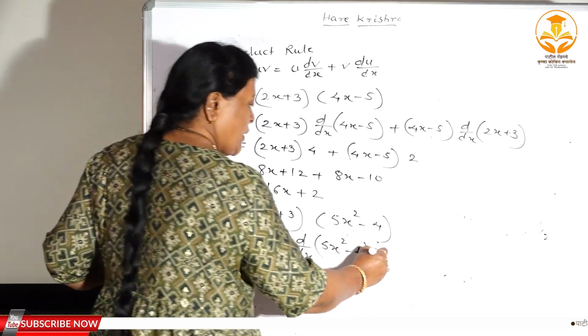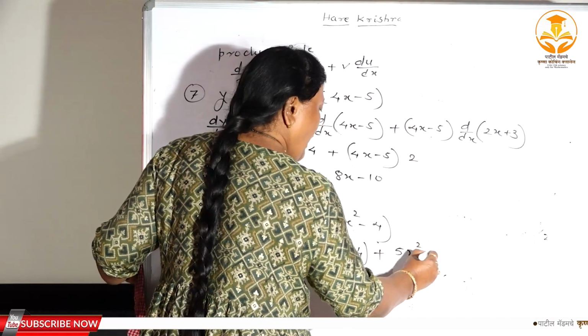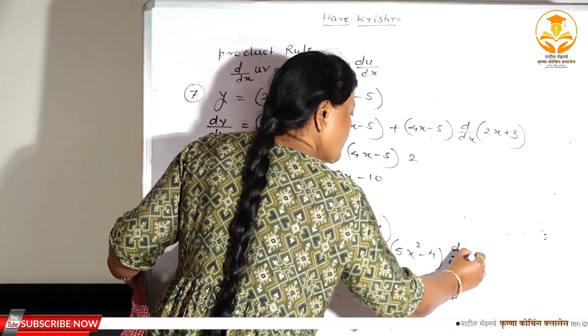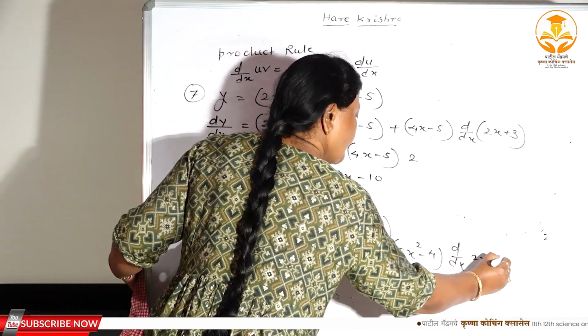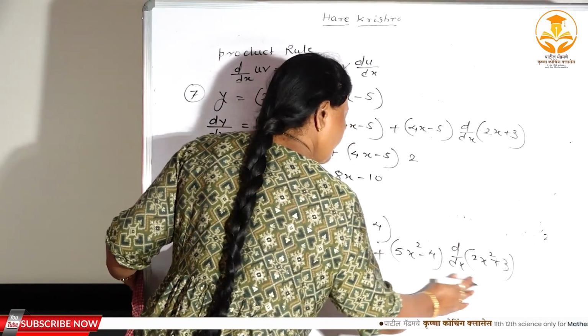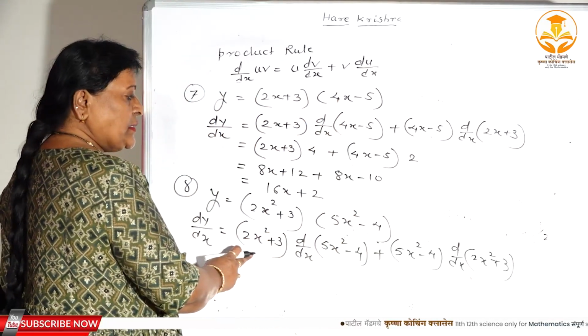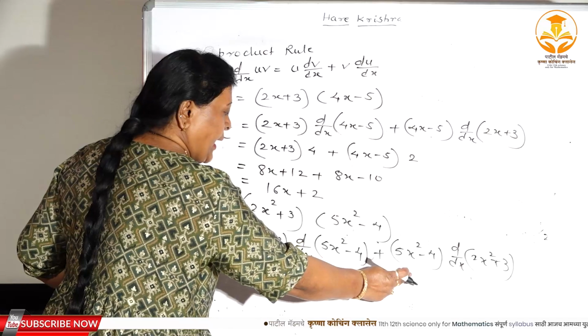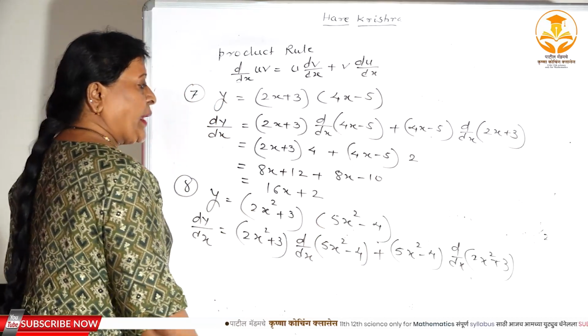Right? Plus 5x square minus 4 remains as it is, d/dx of 2x square plus 3. One bracket remains as it is, take the derivative of another bracket, plus another bracket remains as it is, take the derivative of the first bracket, isn't it?